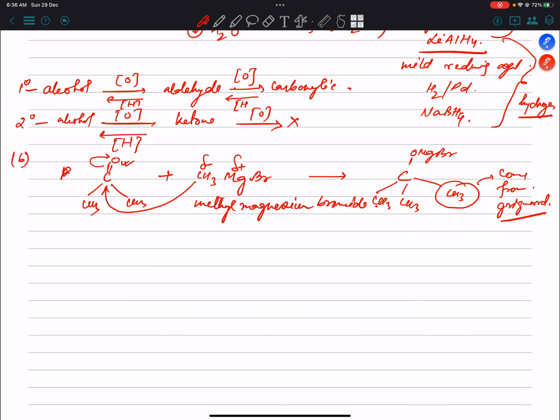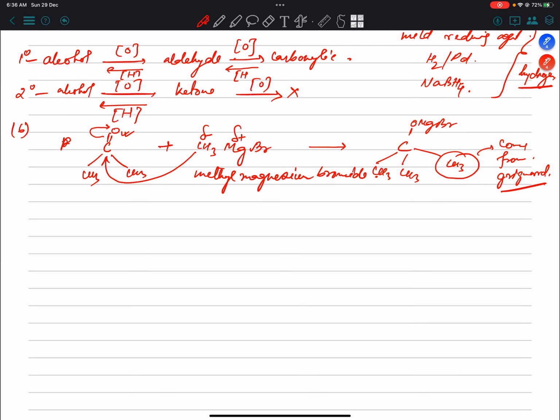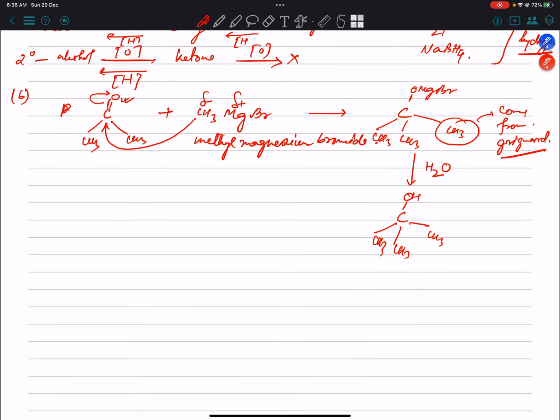If you want to increase the number of carbons in the product, you can use this reaction. And further hydrolysis of this addition product will give alcohol.